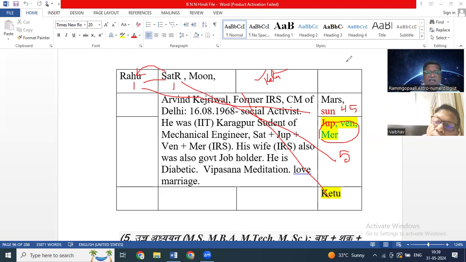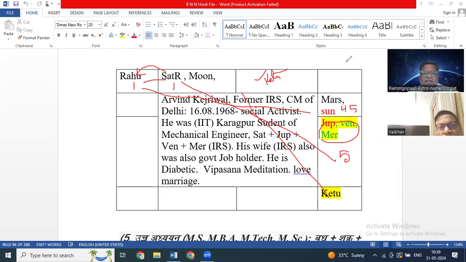Definitely you can say there will be some change of profession, and definitely around 50 years. Suppose work starts around 30 years full-fledgedly, then between 45 and 50 he may change to some other profession. So there are two sources of income, and sometimes the native will do a job and simultaneously do business. And sometimes, like Arvind Kejriwal, he resigned his job and started his own organization, his own political party.